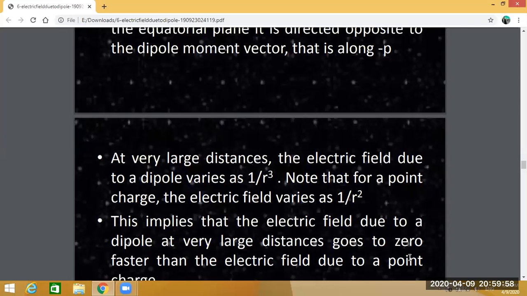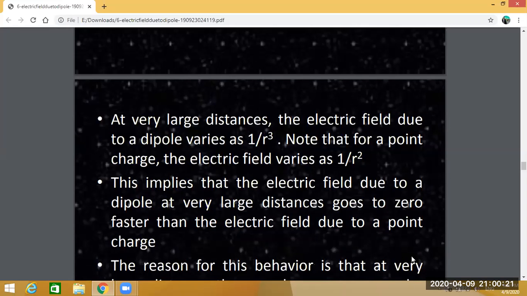If you take a point charge Q, and you take point charges plus Q and minus Q as a dipole, you will see that the electric field will decrease with distance faster in the case of a dipole, but in the case of a point charge, it will be slower as one moves away from the dipole or from the point charge.